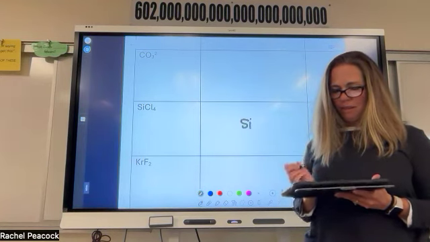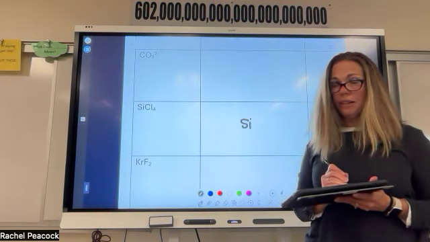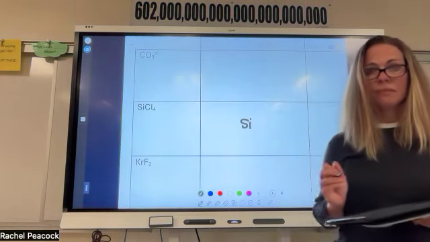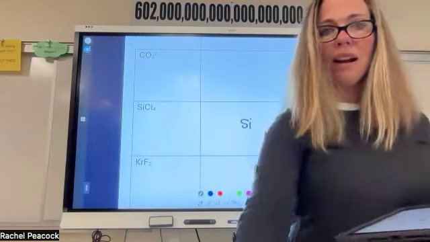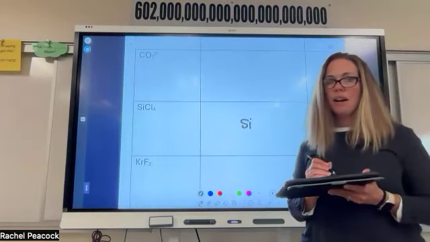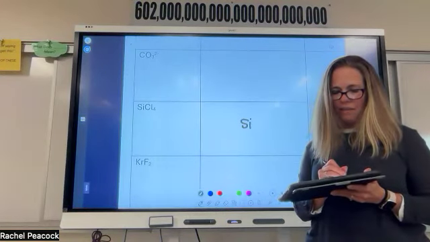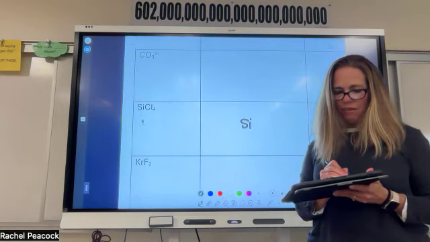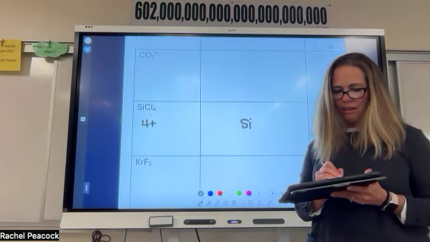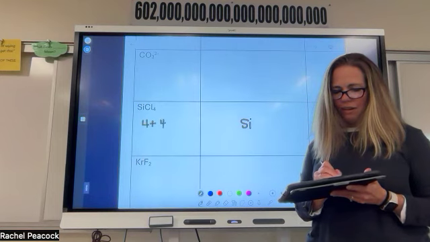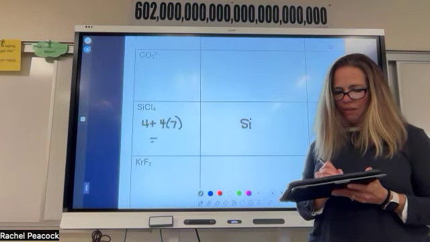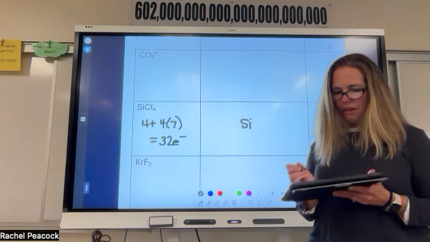What's the step that we need to make sure we're including? Counting electrons, right? Okay, so we're counting electrons. How many does silicon have? 4. Each chlorine has 7, and there's 4 chlorines. So we have 32 electrons, right?